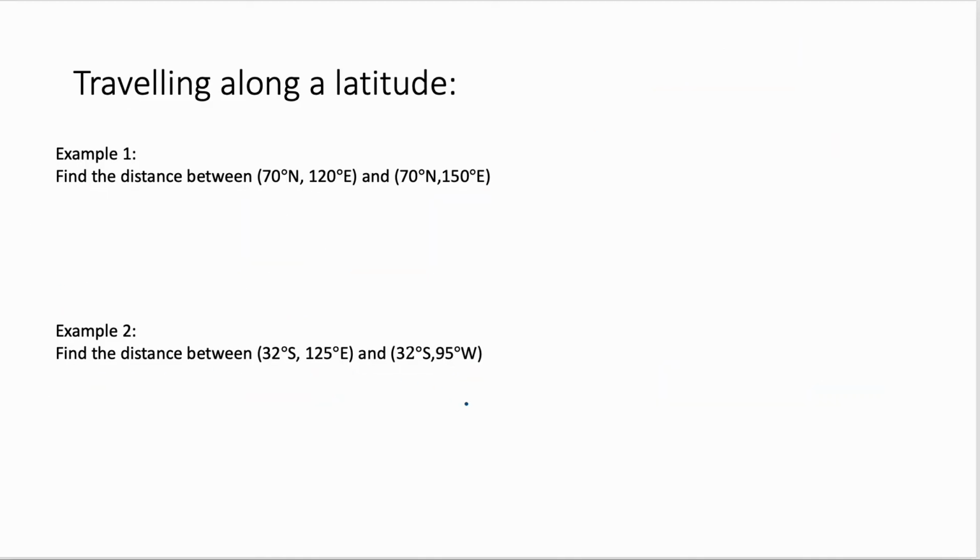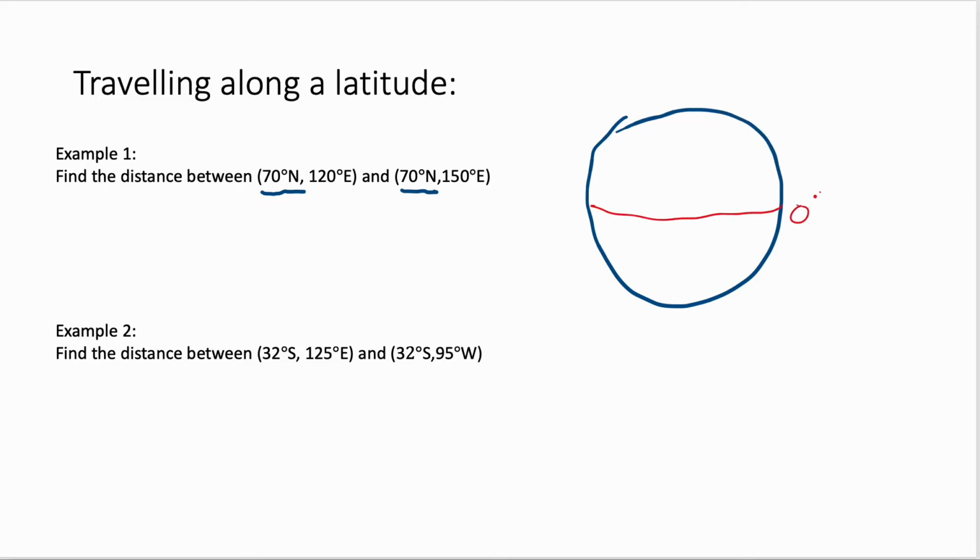Now let's have a look at a couple of examples where we're traveling this time along a latitude. Notice that the 70 degrees north is the same this time, so they're both on the same latitude. I'll draw the diagram, put in the equator, and put in the prime meridian. We're on 70 degrees north, so I'll pop it up above the equator.